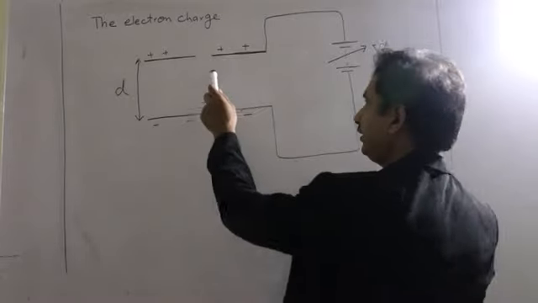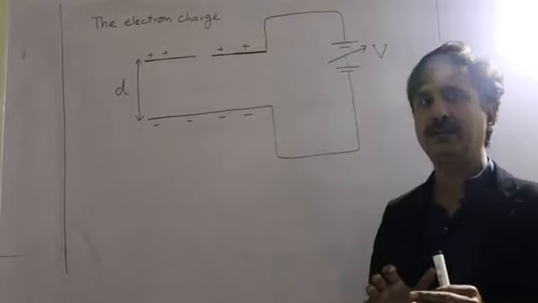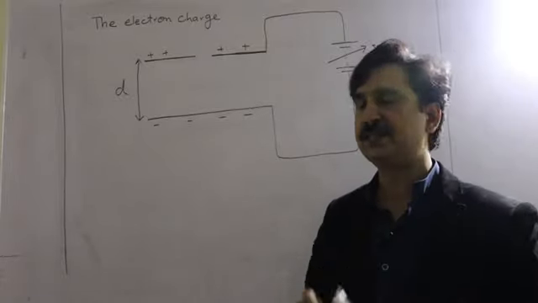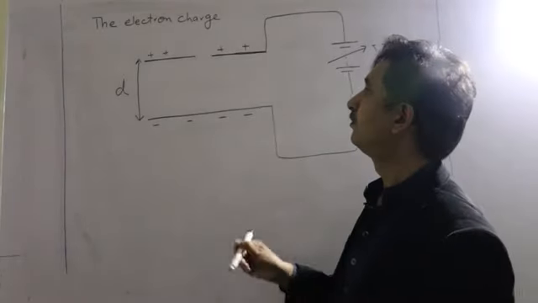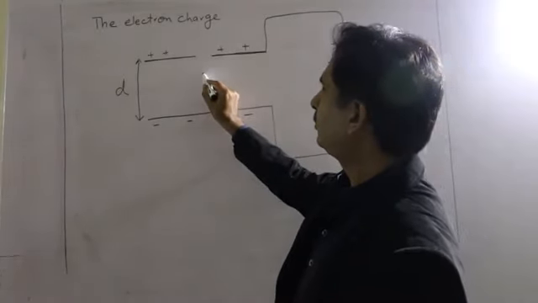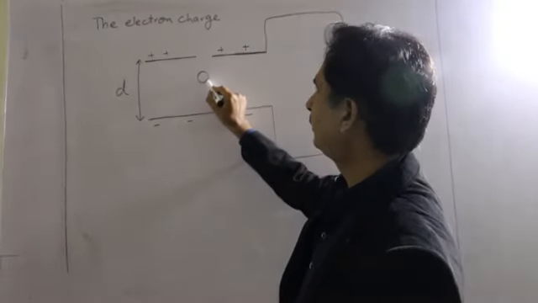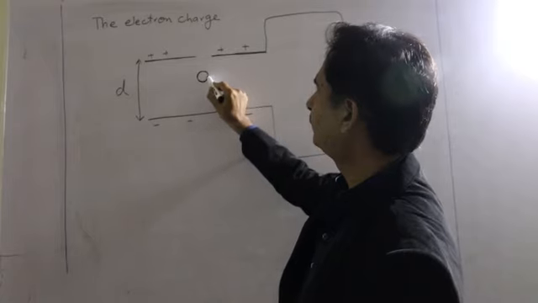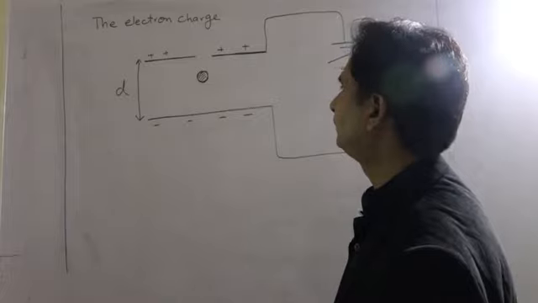When oil particles were sprayed through this hole, during friction with the jet, they became charged. We suppose only one particle of oil. This is an oil droplet, and it is a charged particle.